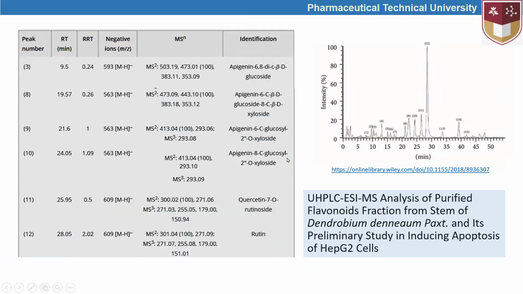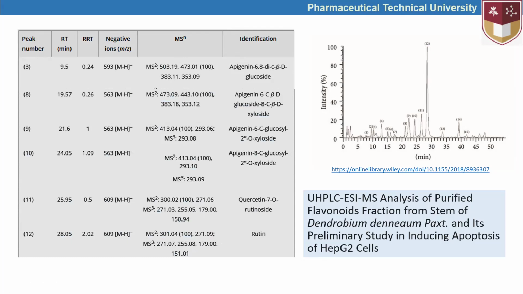Okay, here we can see some results from another paper. And here we can see that these peaks belong to different compounds. The peak 12, for example, belongs to rutin. Here the MSn results are shown, different signals belonging to bases differing from each other.